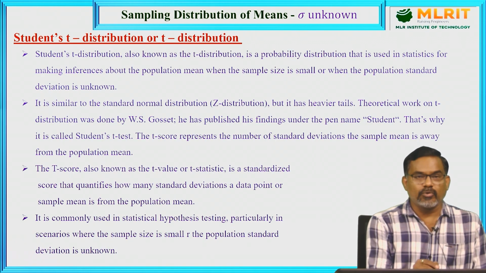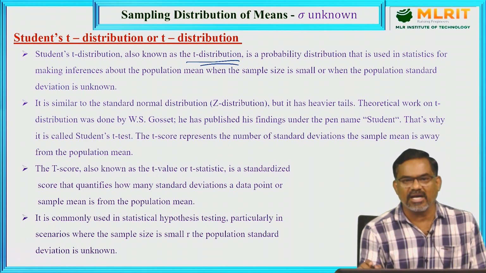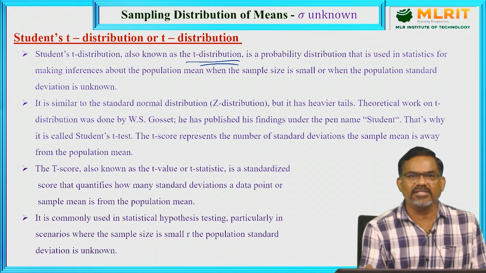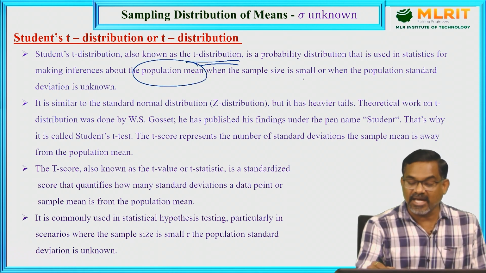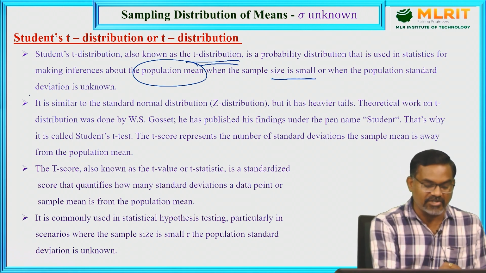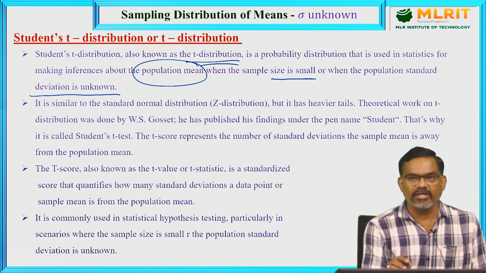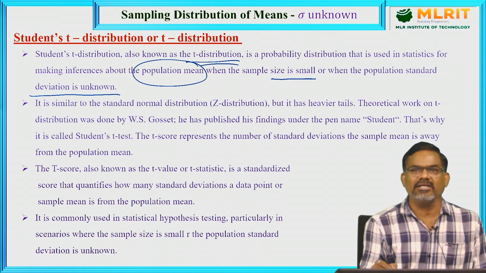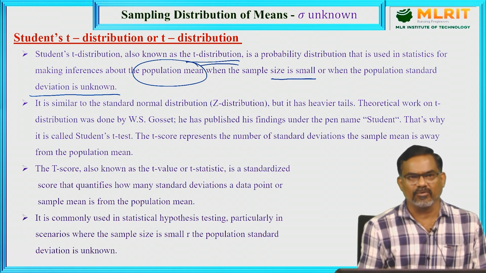Now, student t distribution, also known as t distribution, is a probability distribution used in statistics for making inferences about the population mean when the sample size n is small or when the population standard deviation is unknown. So, we use it when n is less than 30, or when the population standard deviation sigma is unknown.